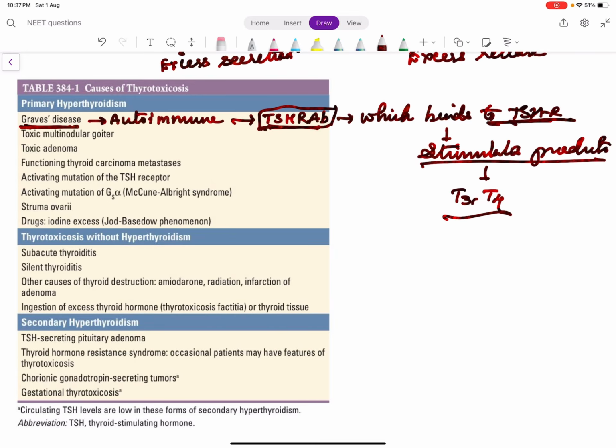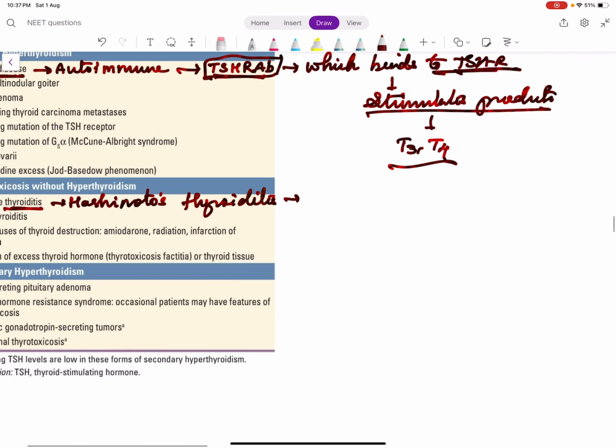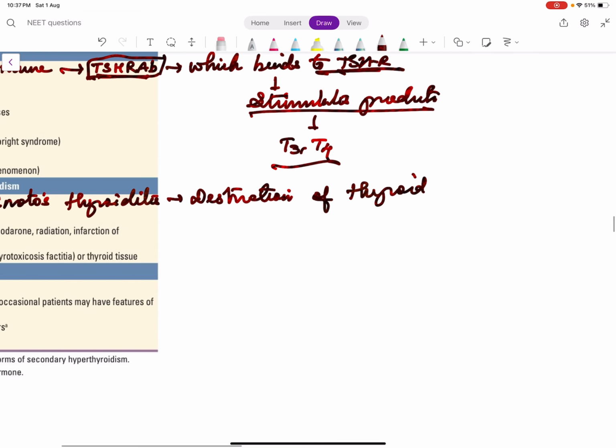of T3 and T4. But assume another condition called thyroiditis. An example is Hashimoto's thyroiditis. In Hashimoto's thyroiditis, there is lymphocytic infiltration of the thyroid gland, so there is destruction of the thyroid follicles. When thyroid follicles get destroyed, what happens?